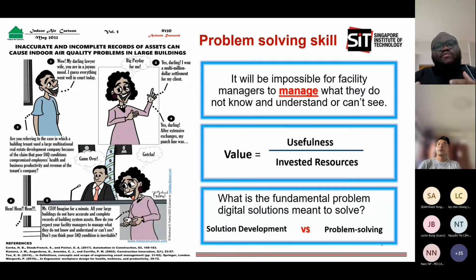This is one of the research projects we did at SIT, to see how we can develop a solution to help facility managers accurately confirm that the information submitted by contractors is accurate, complete and relevant to the context of the building. The larger your building is, the more important it is to have this kind of solution that we developed to verify the accuracy of the assets submitted.